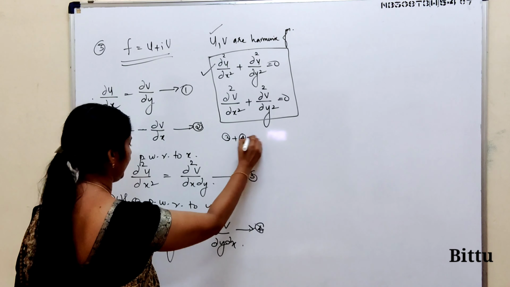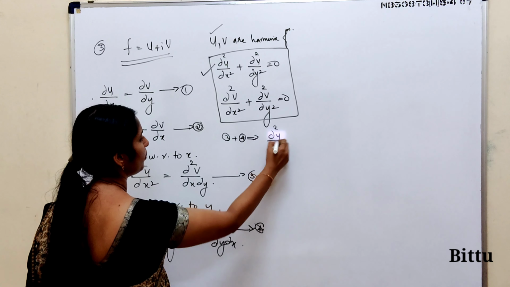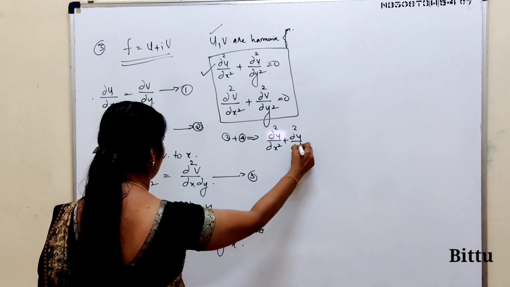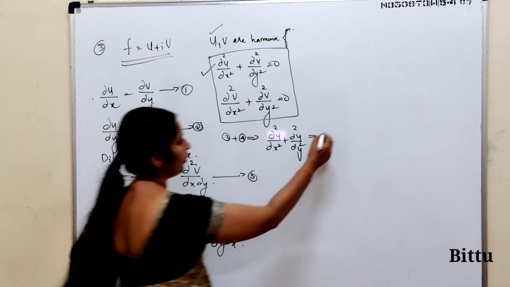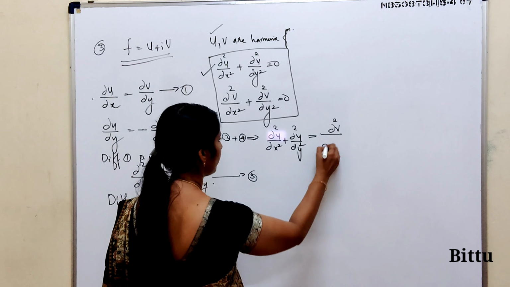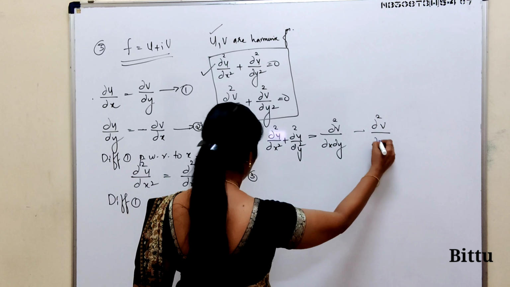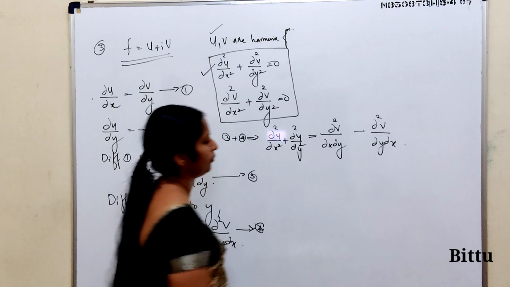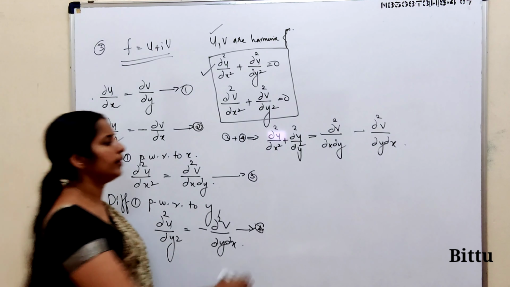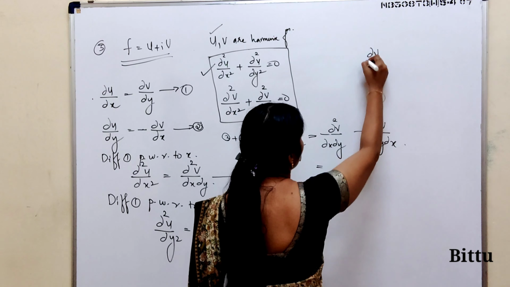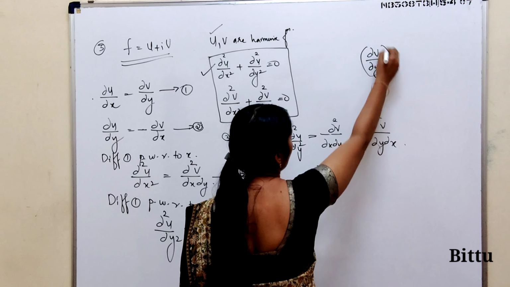3 plus 4 implies ∂²u/∂x² plus ∂²u/∂y² is equal to ∂²v/∂x∂y minus ∂²v/∂y∂x. We know these two are equal. See, you consider ∂v/∂y.